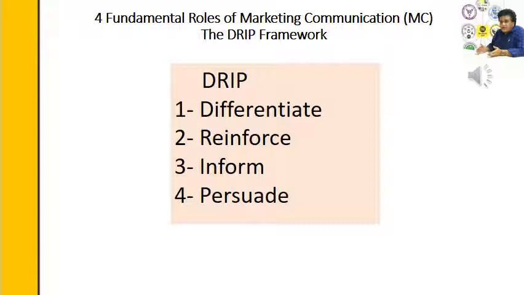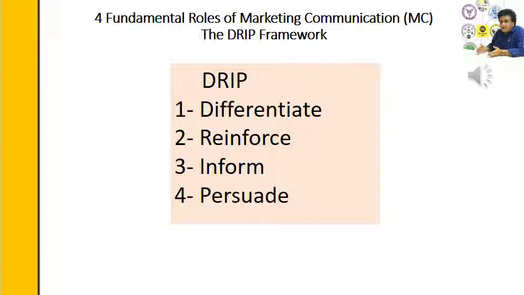Of course, I stands for inform, like DRIP, D for differentiate, R for reinforce, I for inform. One of the most vital roles of marketing communication is to inform and educate all the stakeholders of the organization about issues and features and benefits which are of use to the stakeholders, whether they are internal stakeholders or external stakeholders.